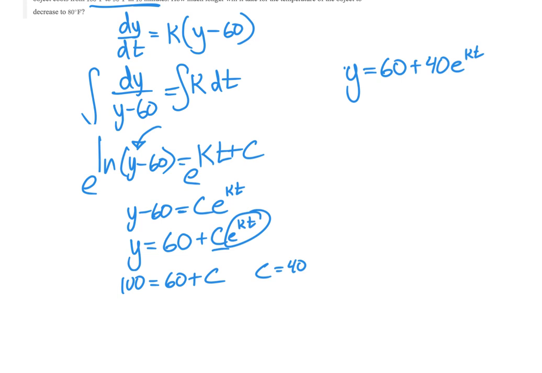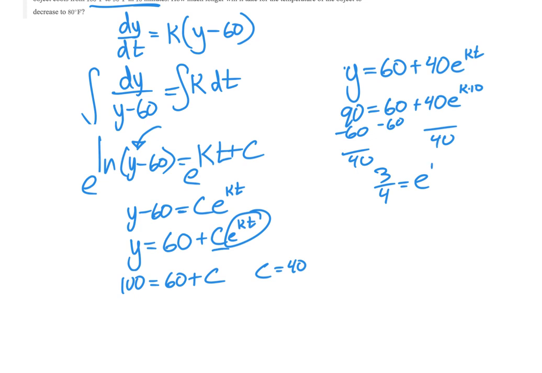So now we need to find out our k, our proportionality constant. And to do that, we'll use the 90 and the 10. So 90 equals 60 plus 40 e to the k times 10. So subtract 60, and then we'll divide by 40. That's 3/4 equals e to the 10k.